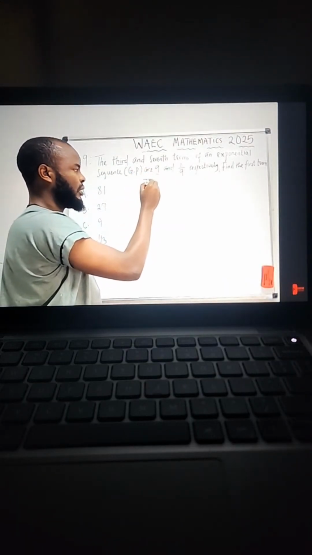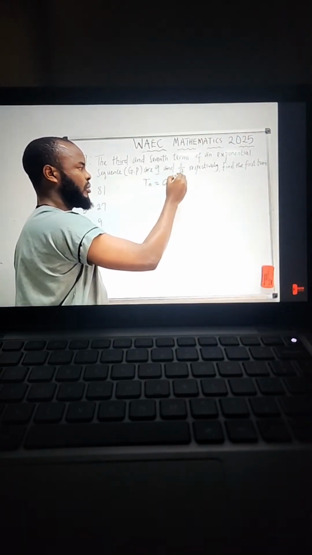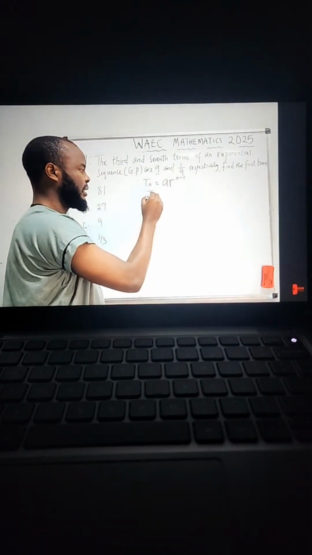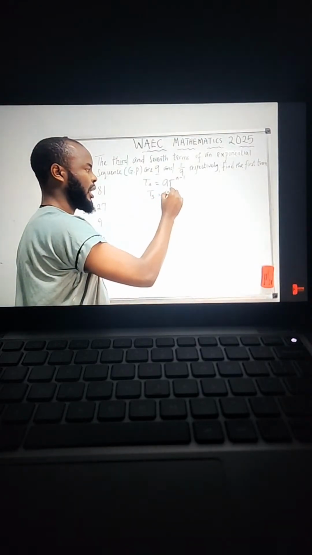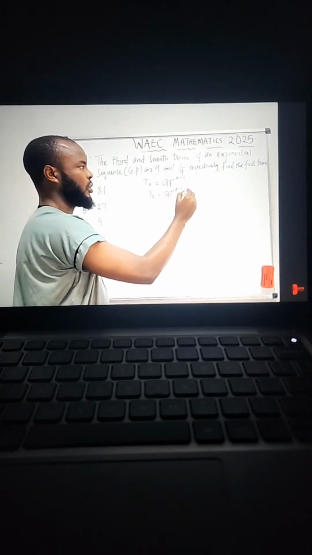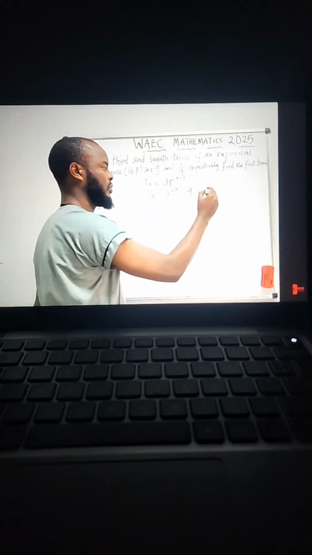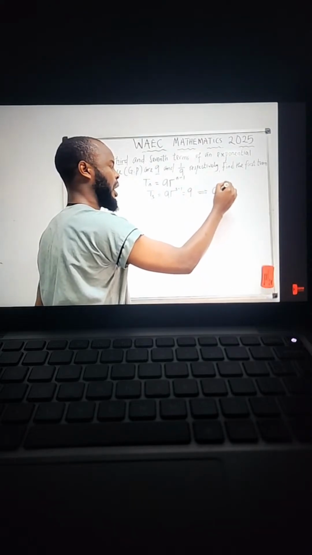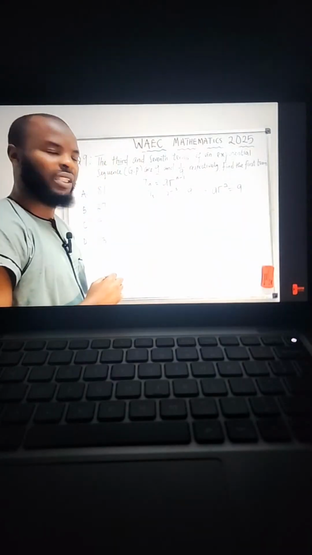So don't forget, the formula is Tn equals AR to the power of n minus 1. And now we have T3, which is the third term, which is AR to the power of 3 minus 1, equals 9. That is, you have your T3, which is AR squared, equals 9.